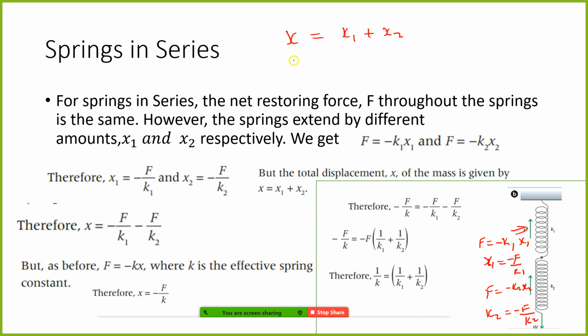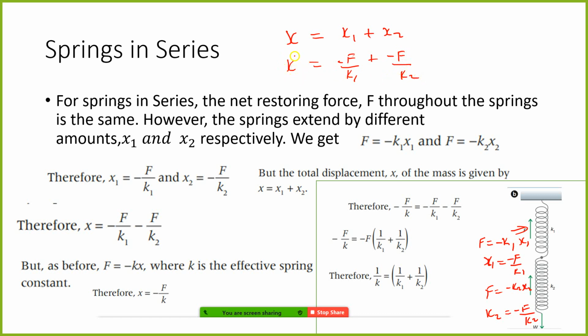All right. So my total displacement is going to be equal to minus F divided by K1 plus minus F divided by K2.